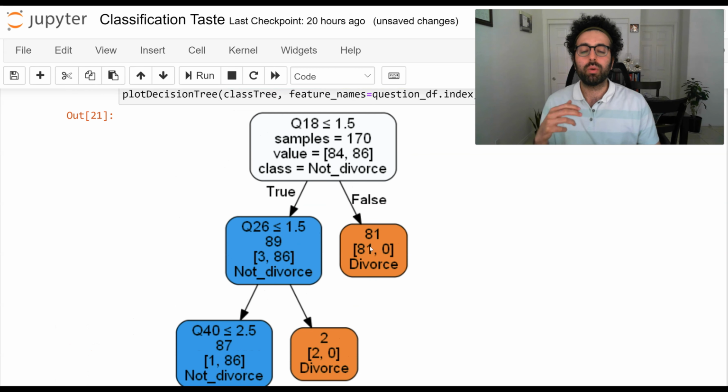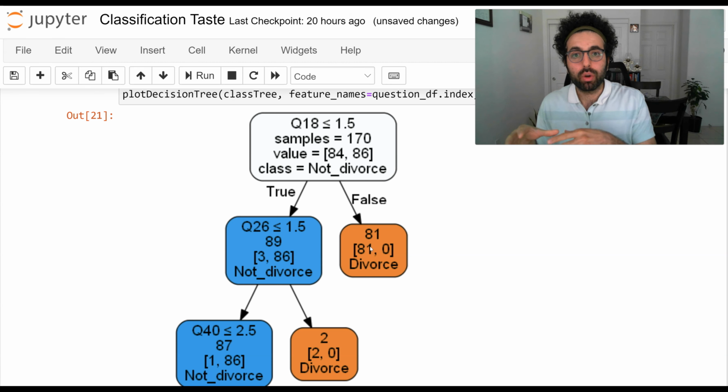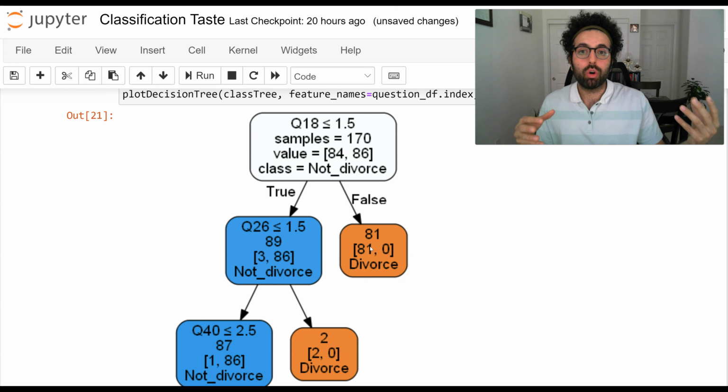What the decision tree did, basically, was find 3 of those questions based on the mechanism of the decision tree, based on whatever is happening inside. We are not covering that now. But based on that algorithm, it found these 3 questions as having a relationship with the labels of all these 170 couples, right?